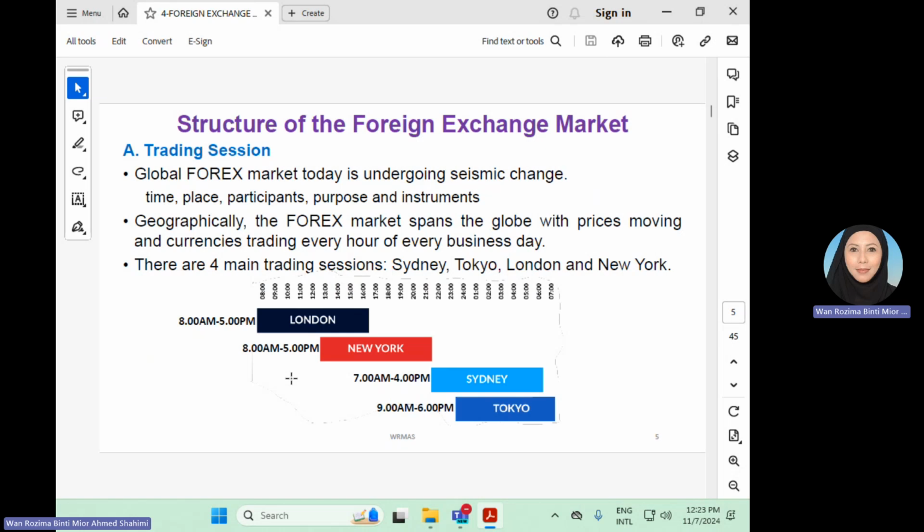Because of the time difference, this one is based on GMT, Greenwich time zone. So there are 4 main trading sessions: it starts with Sydney, Tokyo, London, and ends in New York. This one is pretty basic.